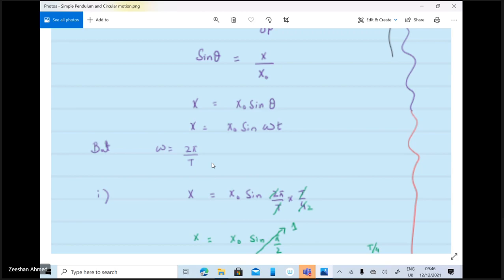Overall time was T, I divided by 4 and I got this. When it reaches here, can I write it as 2T by 4, or simply T by 2? It means I have covered my two quarters.